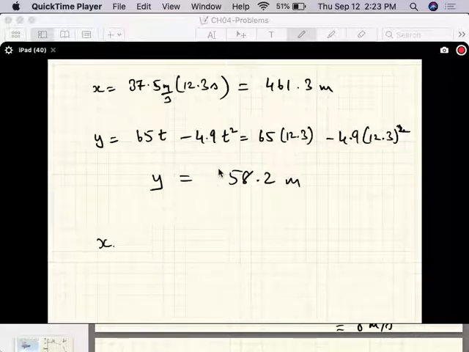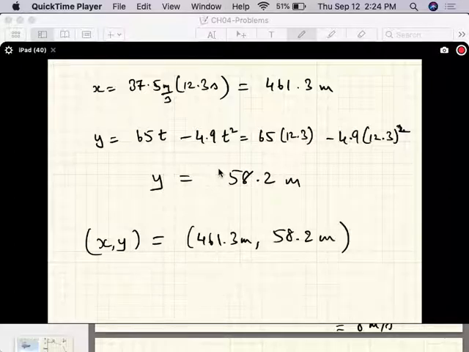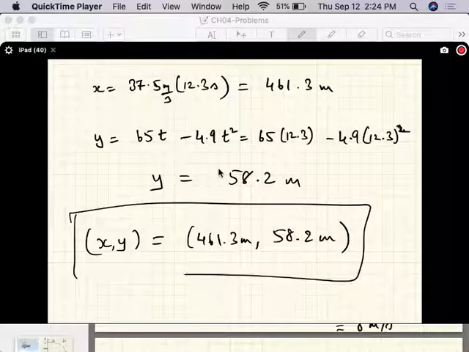So that's the location of the shell when it hits the hill.